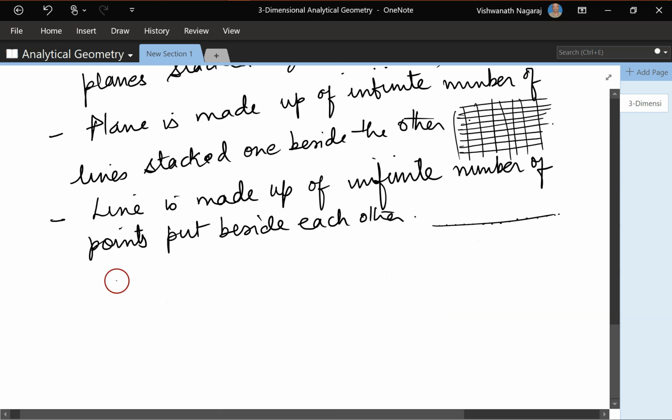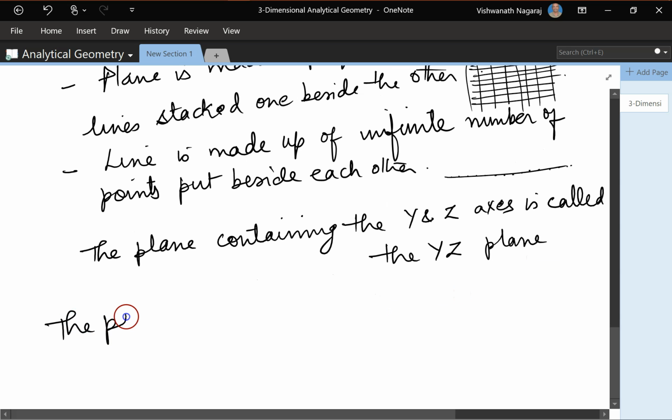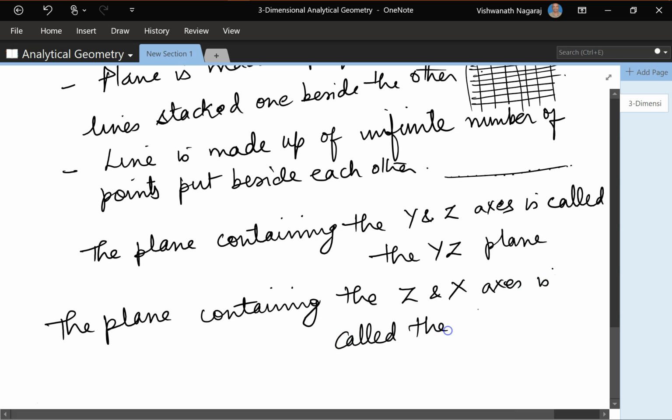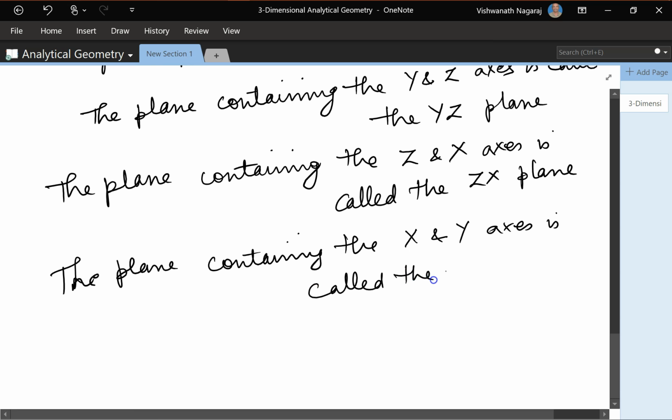Okay. Now, since we are talking of 3-dimensional, remember the plane containing the y and z axis is called the YZ plane. The plane containing the z and x axis is called the ZX plane, and the plane containing the x and y axis is called the XY plane.